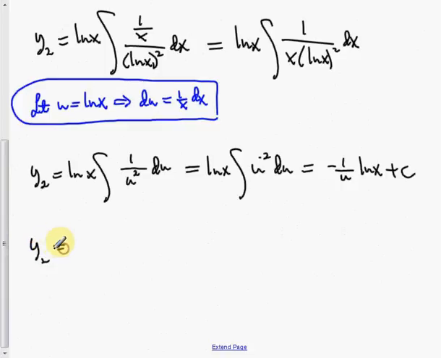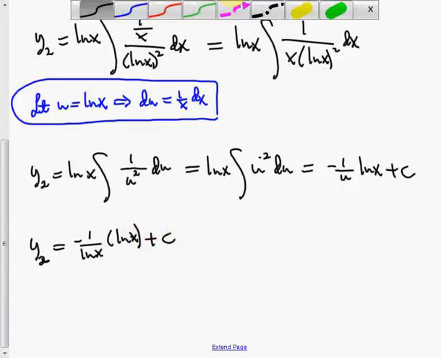So y sub 2 is negative 1 over the natural log of x times the natural log of x, plus c.